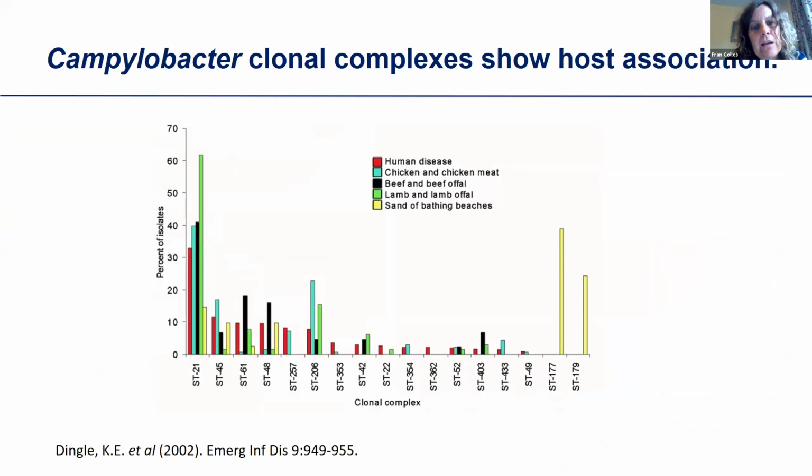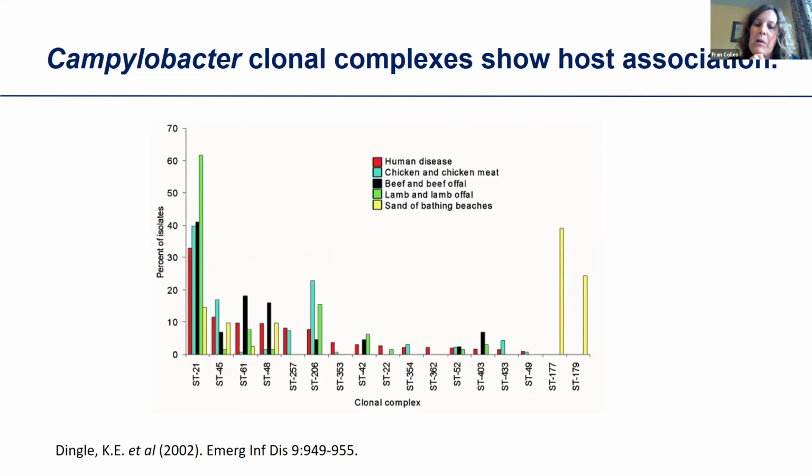So very early on, we realized that with the sequence type data, we saw clusters of very closely related sequence types, which we called clonal complexes. And they're named after the central genotypes.